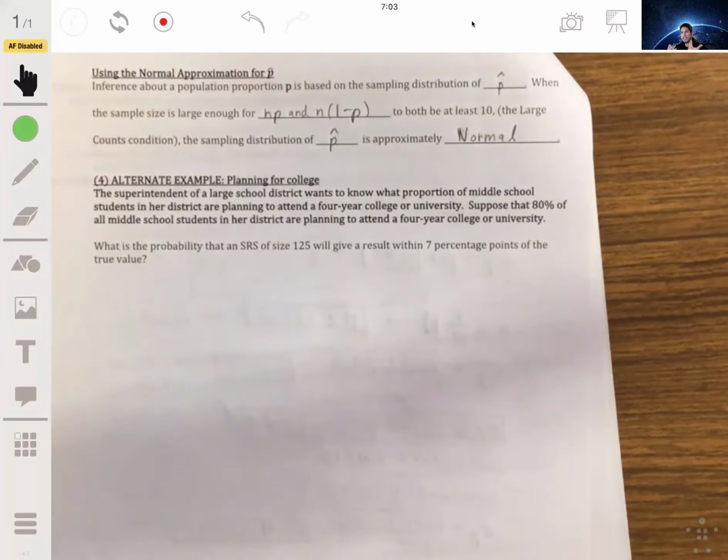So she's going to take a sample of size 125. She's going to survey 125 of them, and she hopes to get a somewhat accurate estimate of what the true proportion is. Because again, it's very hard to survey everyone in the population, so we have to take samples.